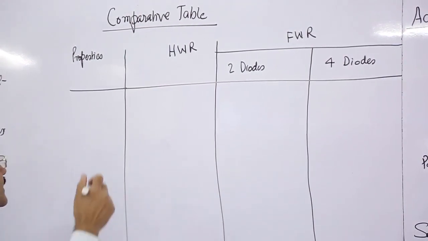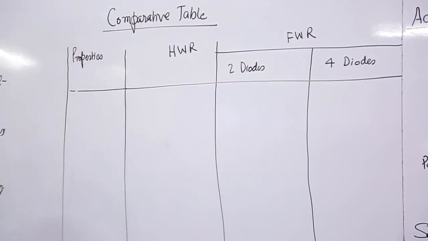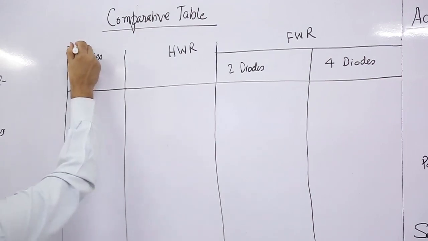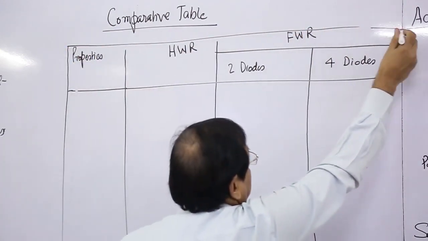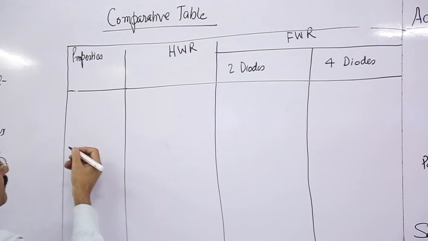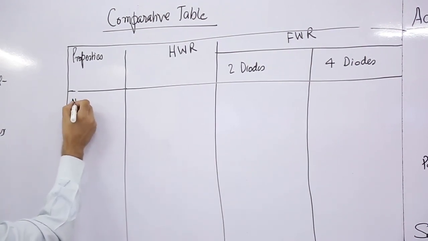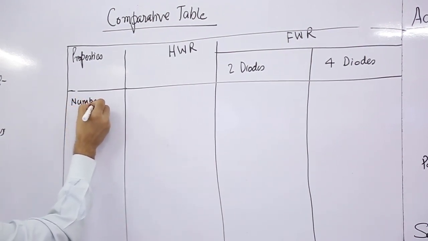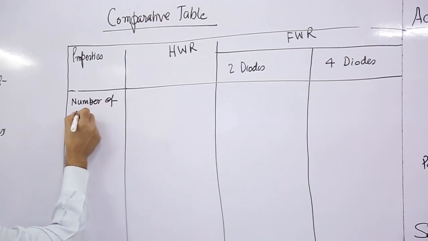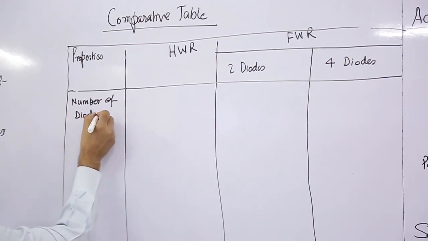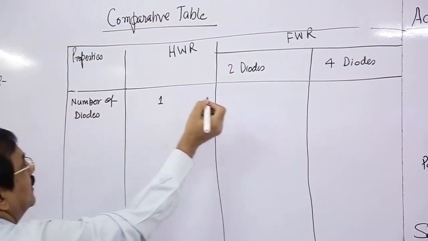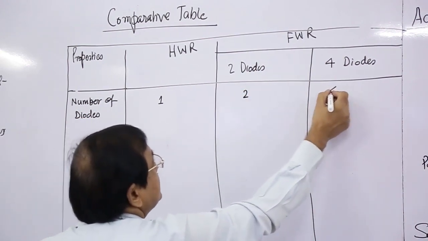If we see the comparative chart, then first is number of diodes. Here it is 1, this is 2, this is 4.